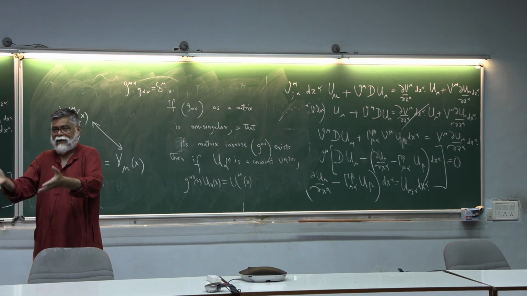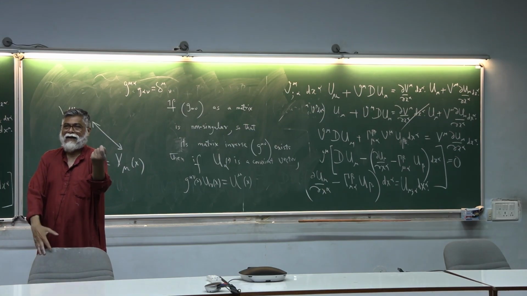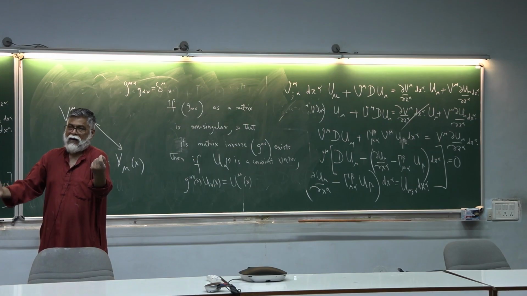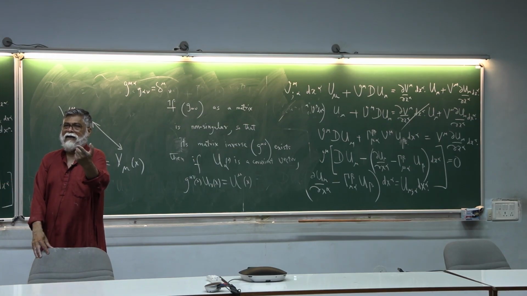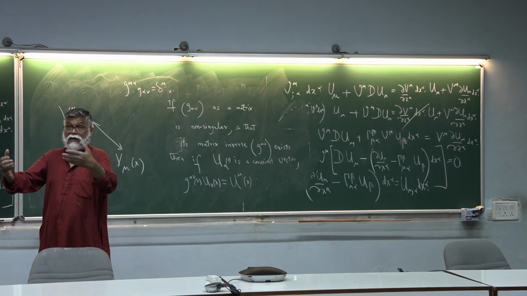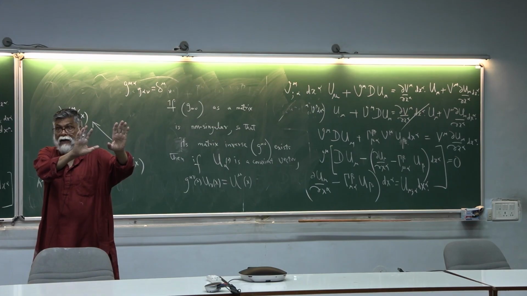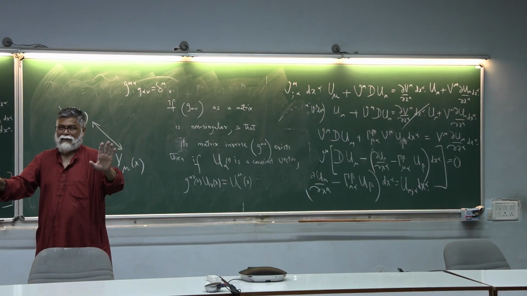And electric and magnetic field, when you do experiments, their physical effects are different. A static charged particle will be acted upon only by the electric field, not by the magnetic field, while a moving charged particle is acted upon by both the electric field and the magnetic field. So the physical significance of F0i and Fij are different.